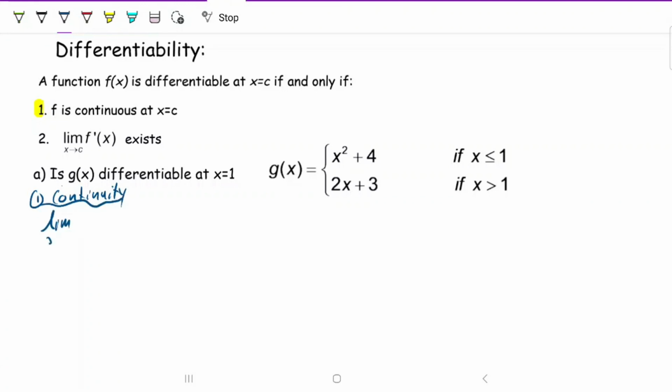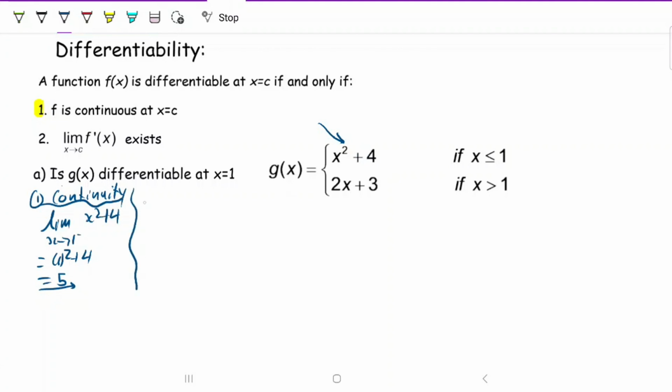We'll check the limit as x tends to 1 from the left of g of x. The function we meet is x squared plus 4, and putting in our limit, we just plug in 1: 1 squared plus 4, and we can easily get that this equals 5.